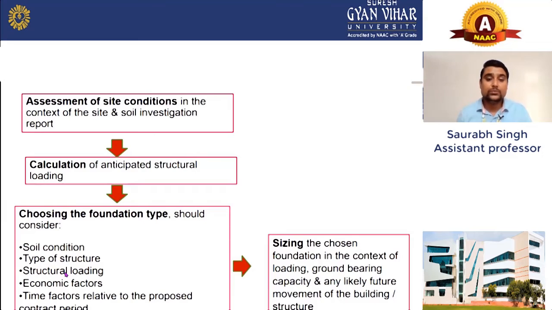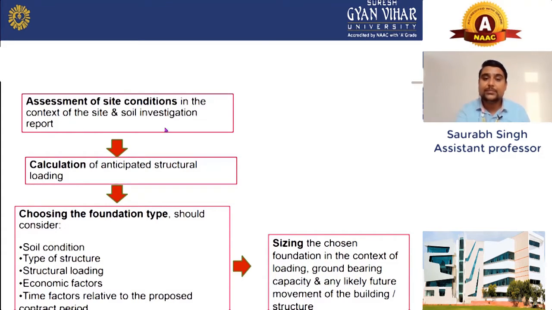Now third, what you have to do is choose the type of foundation. Yes, this is a very important stage. After doing the assessment of site condition, then you will do the calculation, then you have to choose the foundation type. What kind of foundation are you going to make, a deep foundation or a shallow foundation?